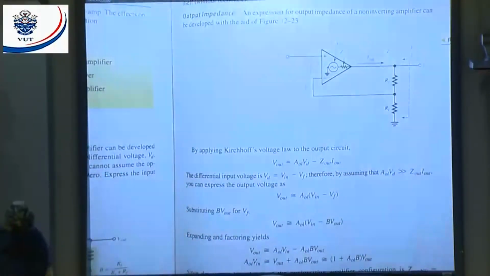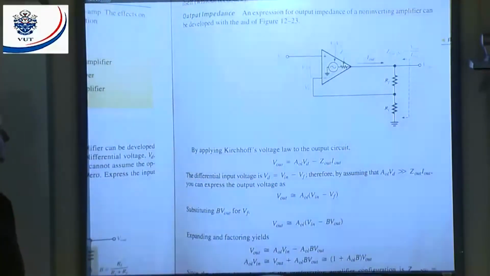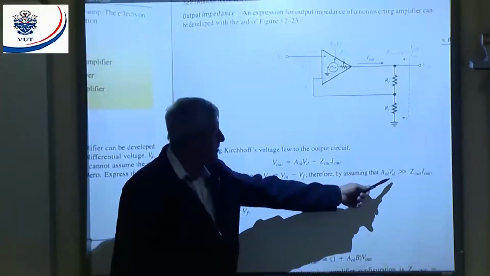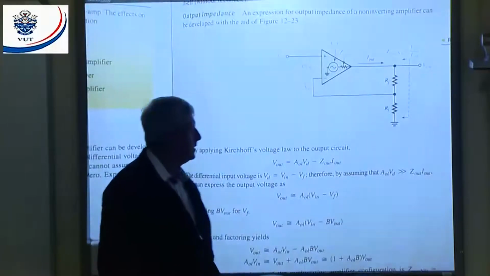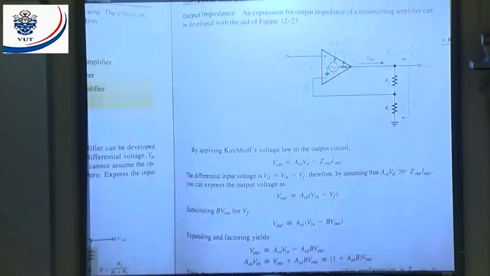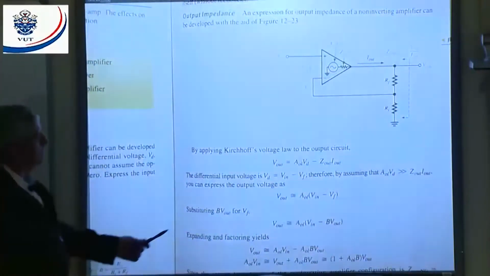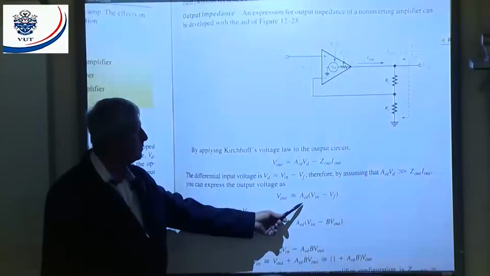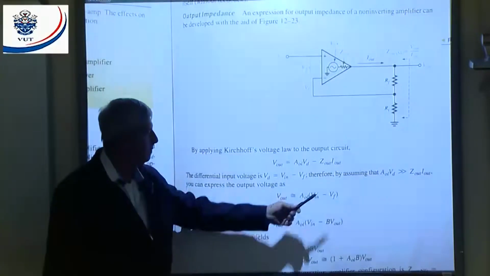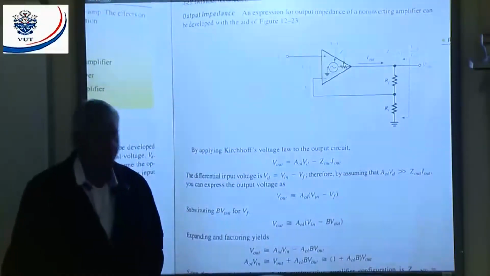Therefore, by assuming that the open loop gain times my differential voltage is much larger than Zout times Iout, you can express the output voltage as Vout approximately equal to the open loop gain times Vin minus Vf. Vin minus Vf gives me my differential voltage. By substituting my attenuation times Vout for Vf, I can say Vout is approximately equal to the open loop gain times Vin minus my attenuation times Vout.